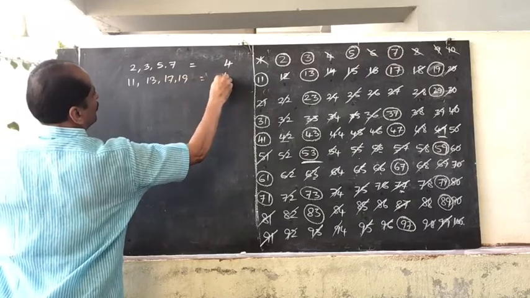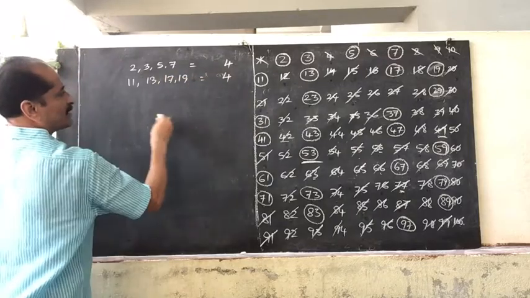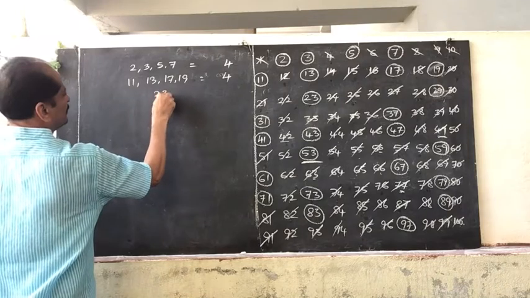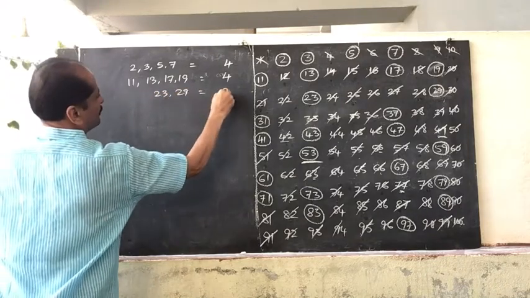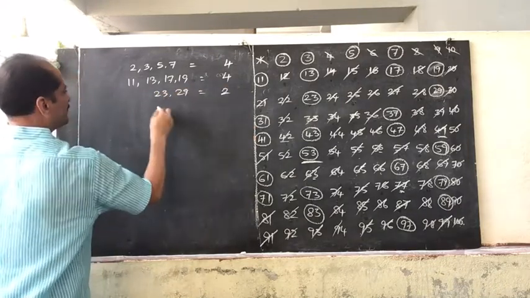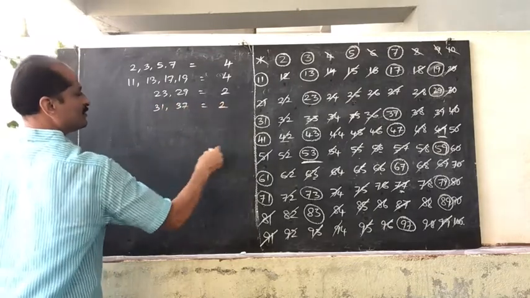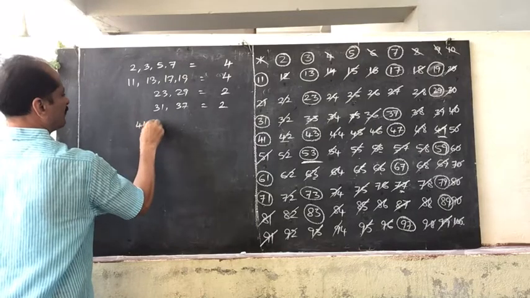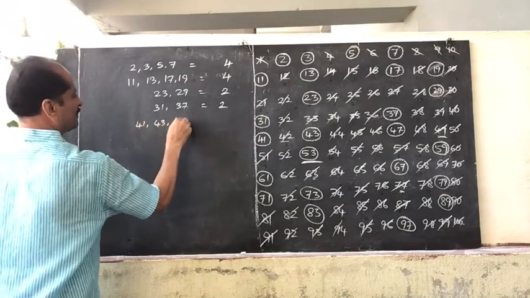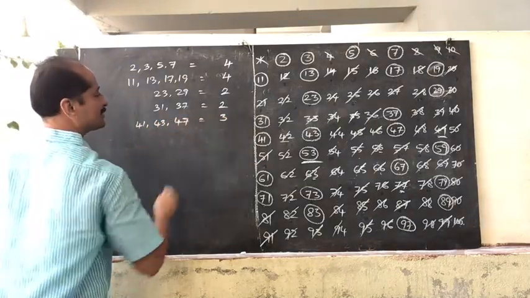Here also we have 4 prime numbers. Here 23, 29, 2 prime numbers. Next 31, 37. Here also we have 2. 41, 43, 47. Here we have 3 prime numbers.